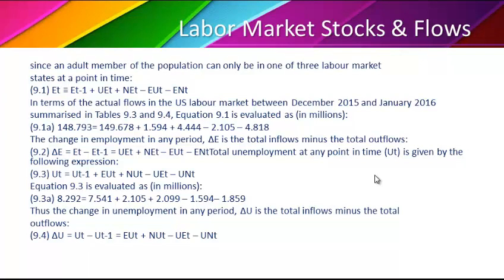So this is the flow from unemployed to employed, plus the flow from N, the non-labor force, non-participants, to employed. Some people who were not part of the labor force could also become employed.